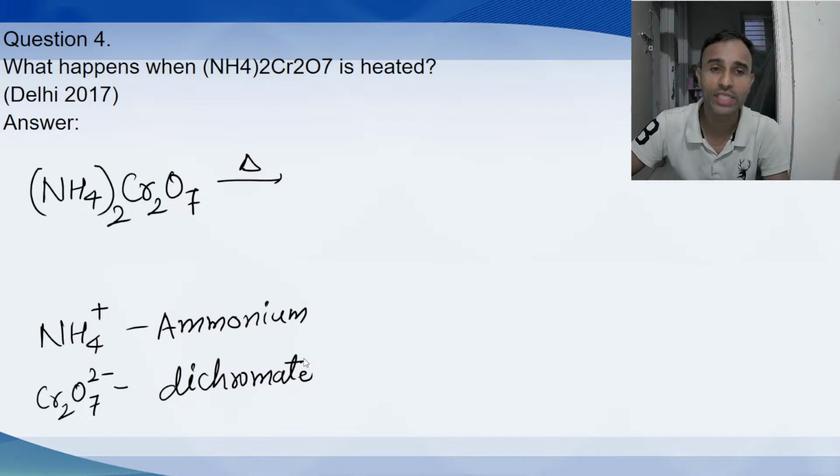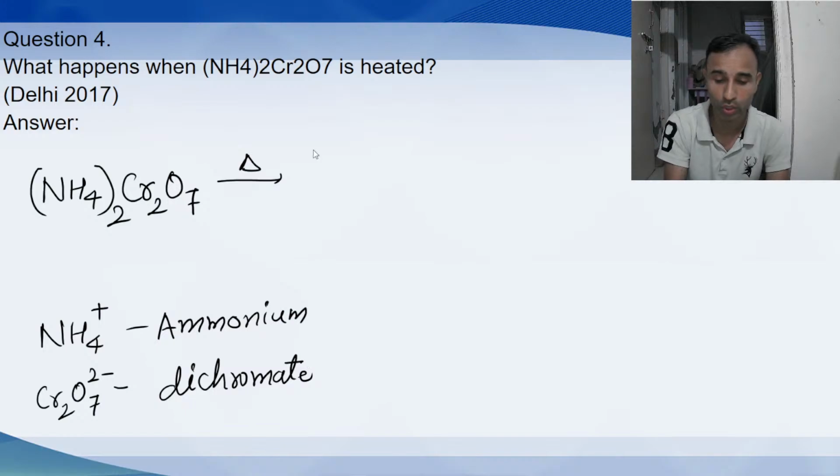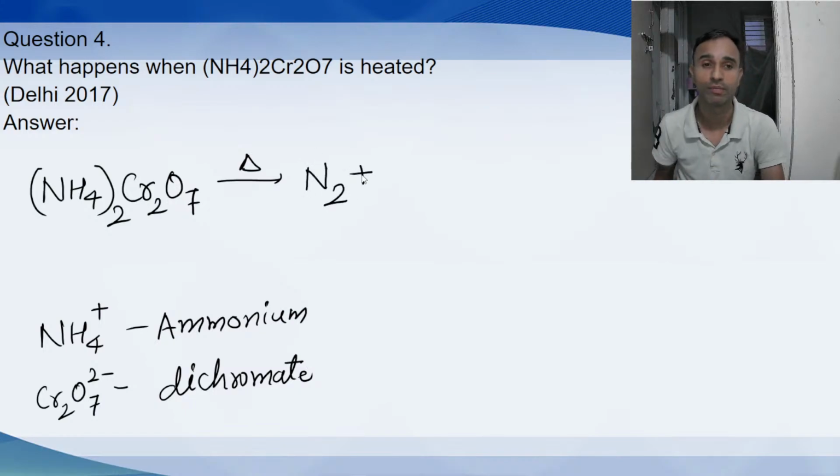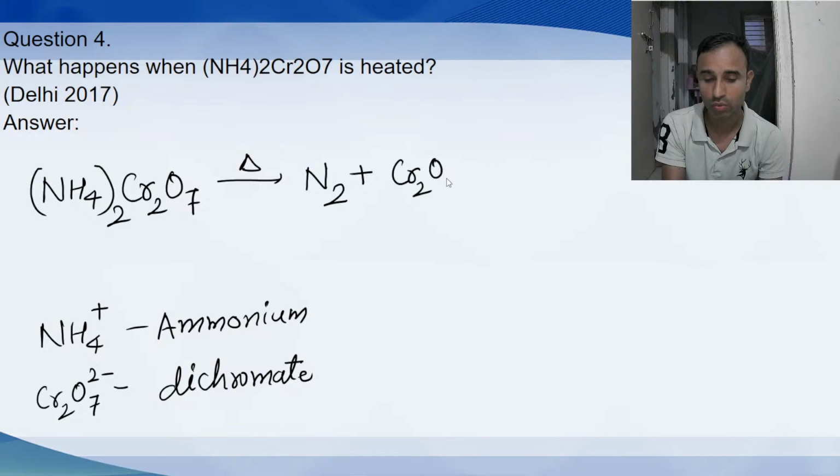Now when it is heated, this question is from D and F block elements as well as P block elements, because nitrogen belongs to P block, chromium belongs to D block. It is also in the preparation of nitrogen. When we heat ammonium dichromate, it gives N2, Cr2O3 and water.